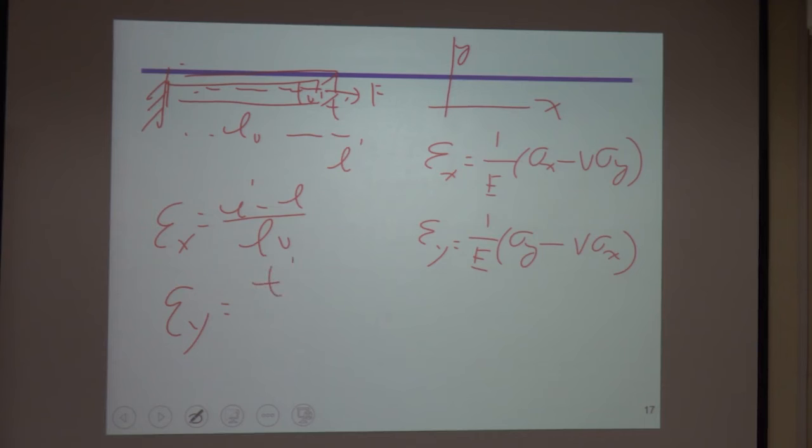The new thickness minus the original thickness, divided by the original thickness, is the strain in the Y direction. And there's a relation between epsilon x and epsilon y. In this case, epsilon y equals minus nu times epsilon x. So nu here, we call this the Poisson ratio.